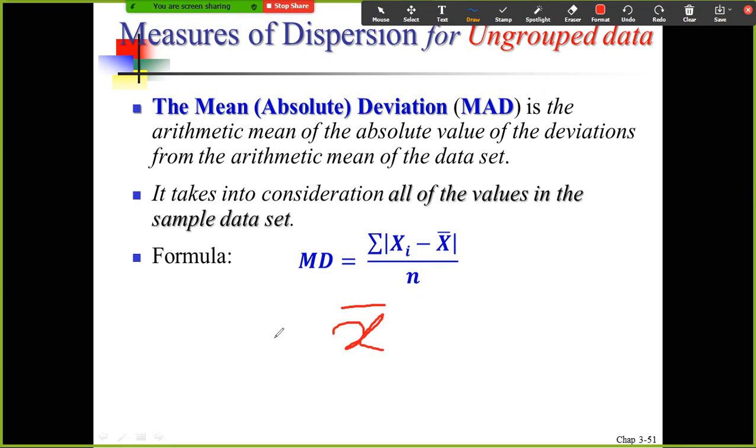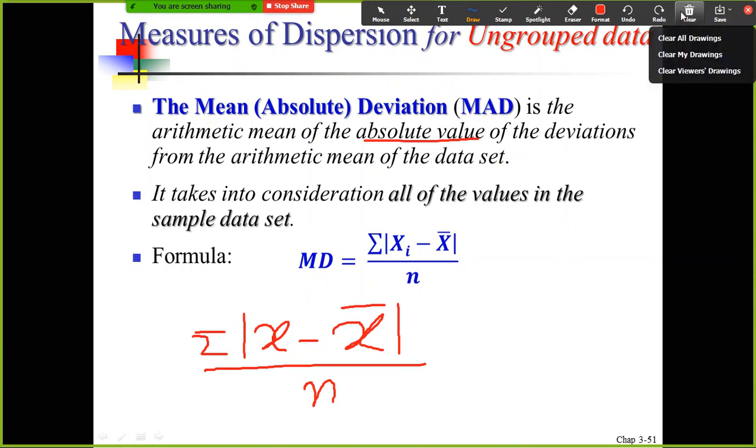Then you need to find the deviation. Because it is ungrouped, this is an item, any item from our dataset minus the mean, and then we put the absolute sign, absolute value. Then we need to find the other arithmetic mean: we add them and divide by n.